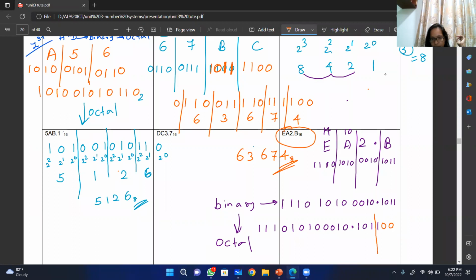Is that clear? How to cluster the fraction part? 1 0 1 take into one group, and for the last one you are missing 2 places, so you have to add 2 zeros at the end. Right? First make the number like this, and then the positive part, just cluster 3 by 3. First do the clustering correctly.